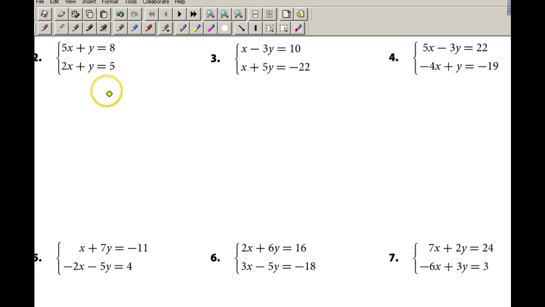So on number 2, which equation, top or bottom, and which variable is easiest to solve for? Okay. Yeah, well, you have two options, right? The top, that's easy to solve for. You just have to subtract 5x on both sides.